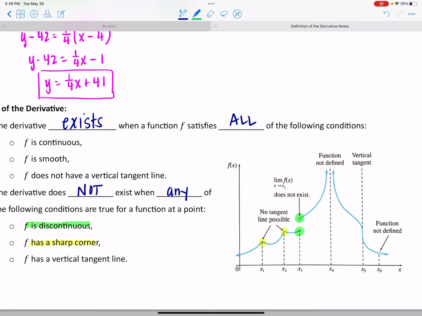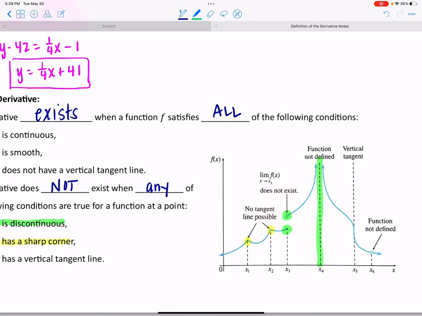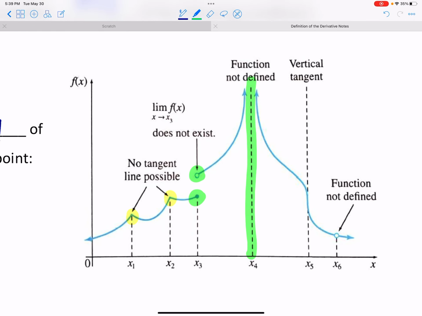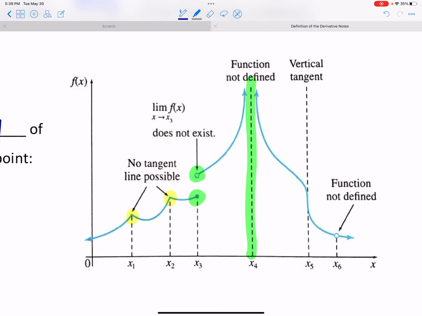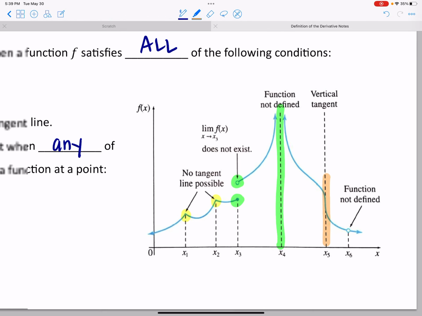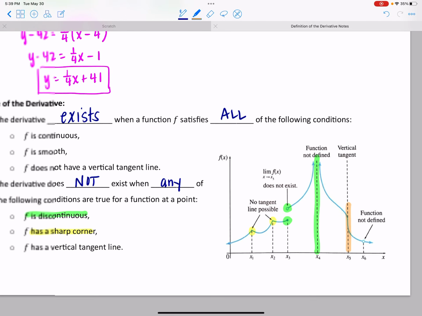Also, if we have a limit that doesn't exist, so here another discontinuity, like an asymptote, not going to be able to differentiate. And then what we see here is a vertical tangent line. So the tangent line at this inflection point, hopefully that word sounds familiar, is no good, right?